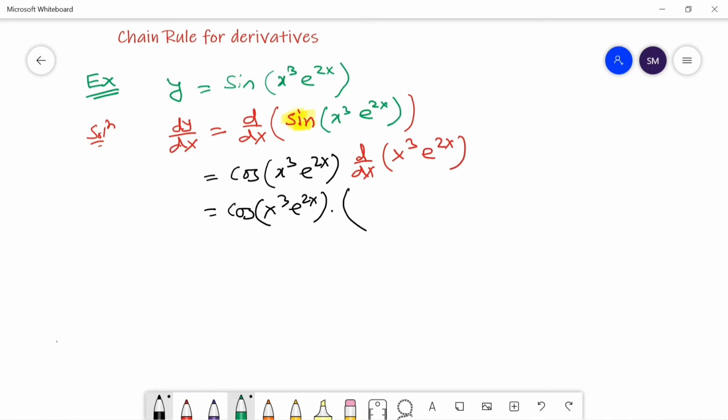Now we will apply the product rule: x to the power 3 times the derivative of e to the power 2x, and the derivative of e to the power 2x will be solved by the chain rule, plus e to the power 2x times the derivative of x to the power 3, which can be solved by the power rule.